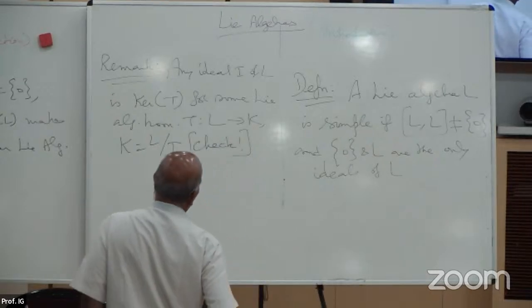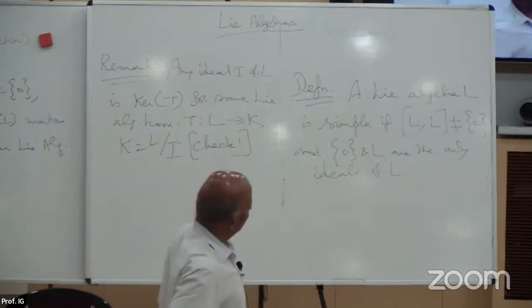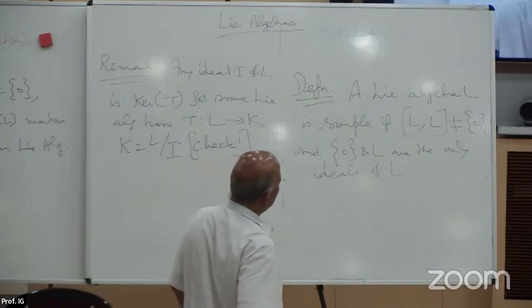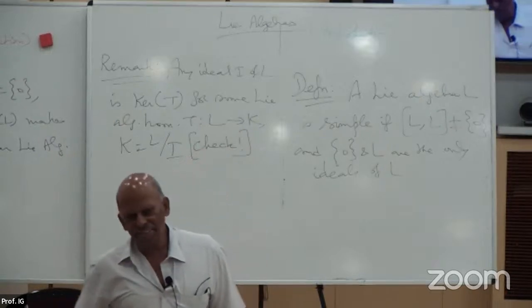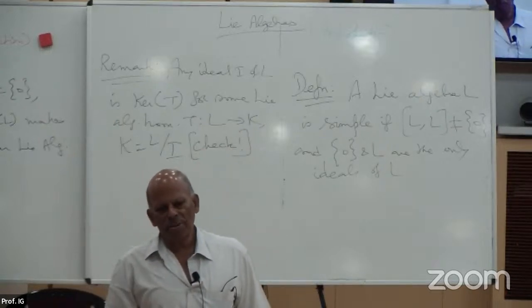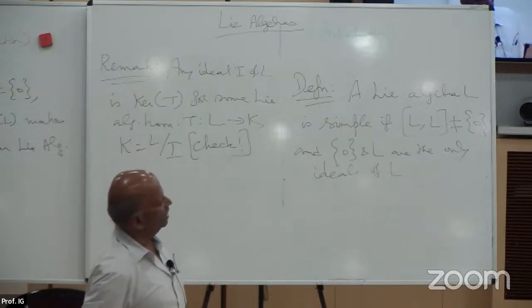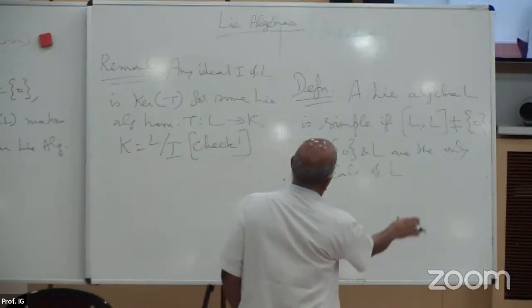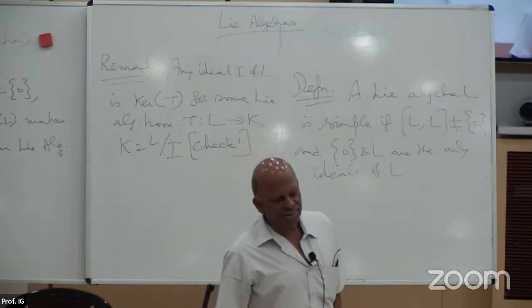It must happen that these are the only ideals. Then we call it simple. The first condition is that [L,L] is non-zero. See, if [L,L] is 0, what happens? L becomes abelian. And when L is abelian, if it has no proper ideal, that means it is one-dimensional only. Even if it is two-dimensional, we will have a one-dimensional ideal sitting there. So we are just avoiding this. This condition is put so that this one-dimensional Lie algebra is avoided in this case. That's all.